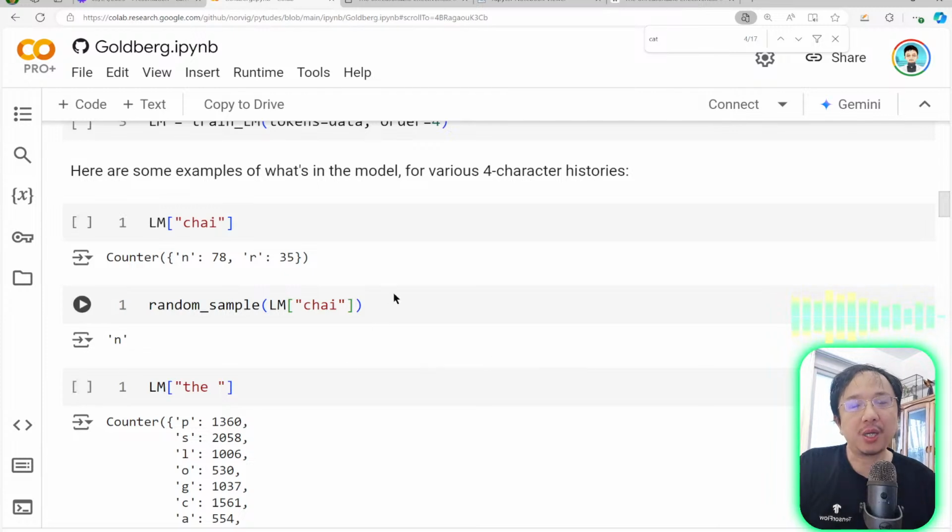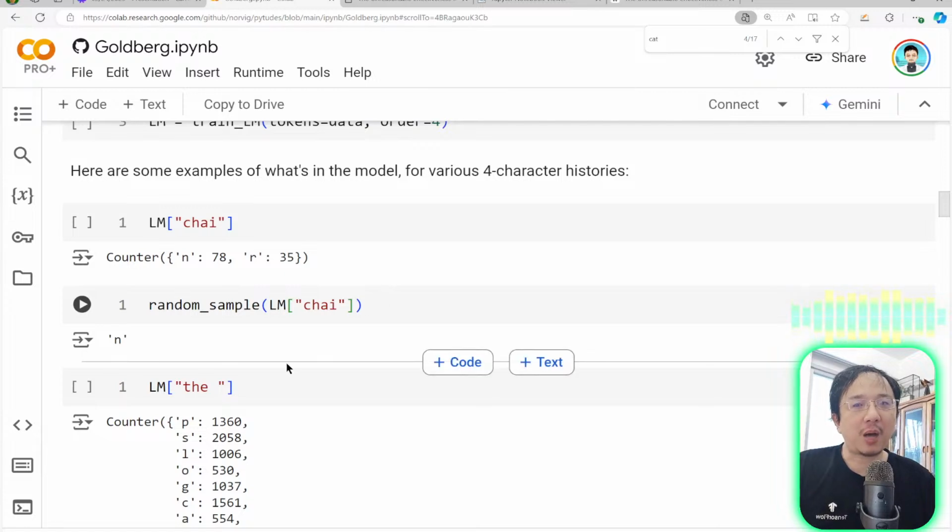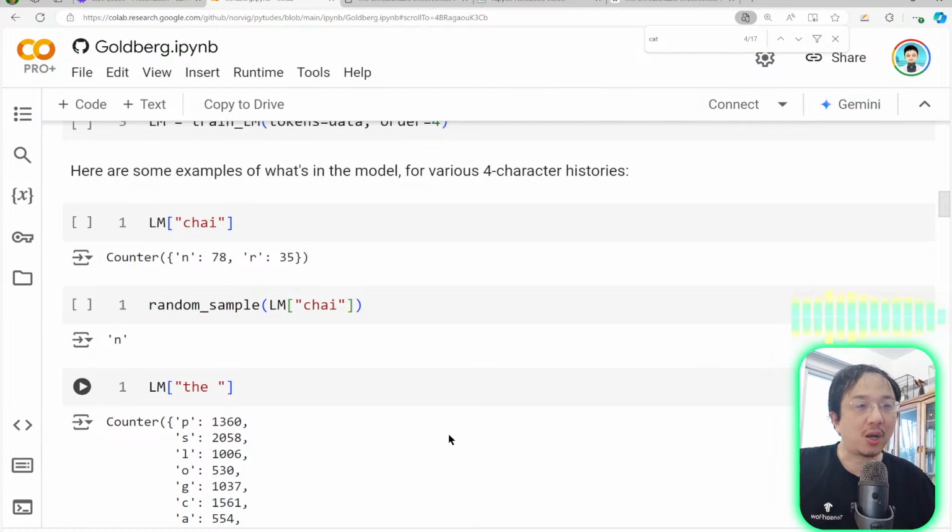Another modification is instead of using character level, we will introduce token level processing, so you can modify the code into token level, because by using token level, you can see what is the magic behind the token level approach. So if you are not satisfied with the n-gram approach, you can try to use BPE to make a dictionary of tokens and use a token level model to generate things.